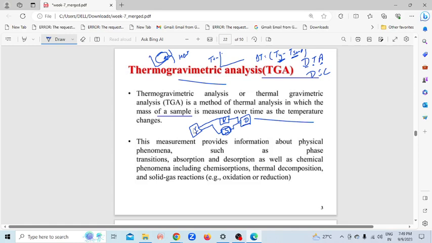So this detector will compare these two things, reference and sample. That's why we need to use reference here. Understood?